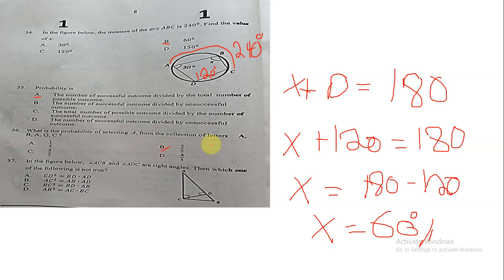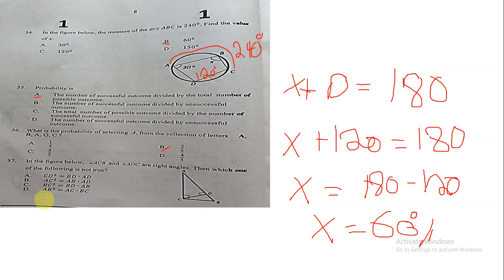Okay, in question number 37, in the figure below, the angle of ACB and the angle of ADC are right angles. Then which one of the following is not true? CD squared is equal to BD times AD, or AC squared is equal to AB times AD, or BC squared is equal to BD times AB, or AB squared is equal to AC times BC.